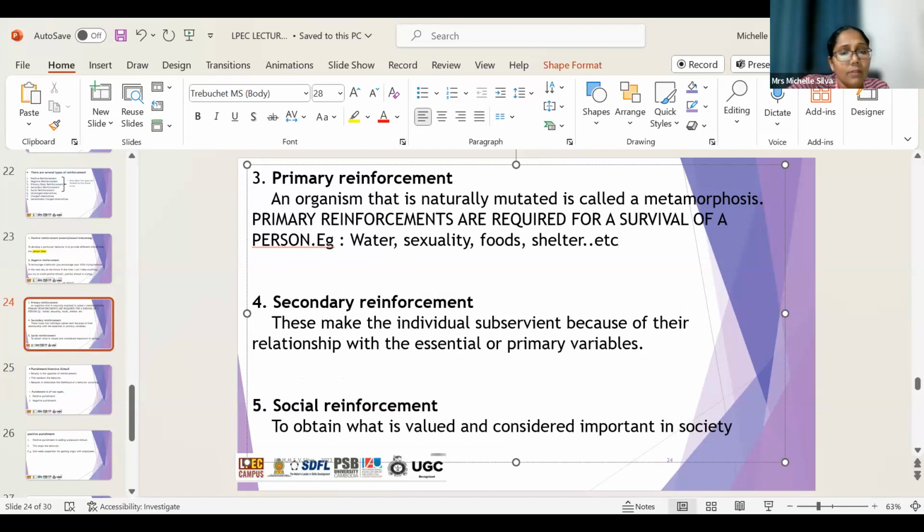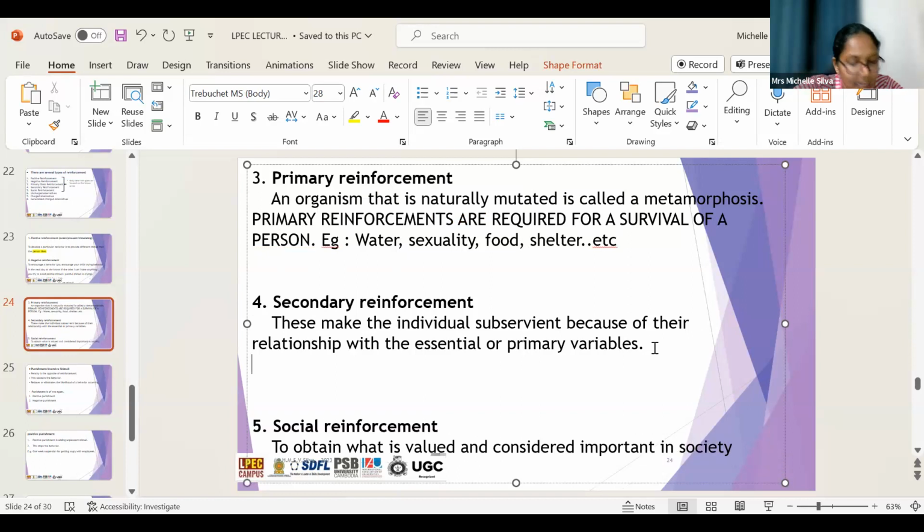So secondary reinforcement means that secondary reinforcements are not very much essential. Secondary reinforcement, for example, can make an individual subservient because of their relationship with the set of primary variables.